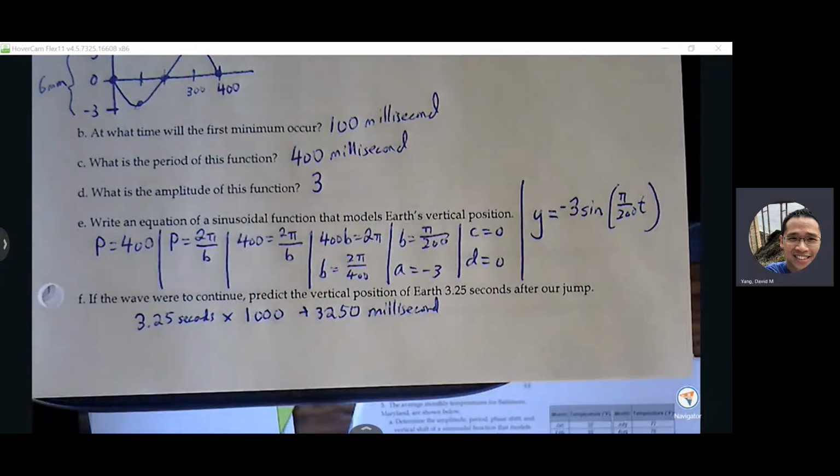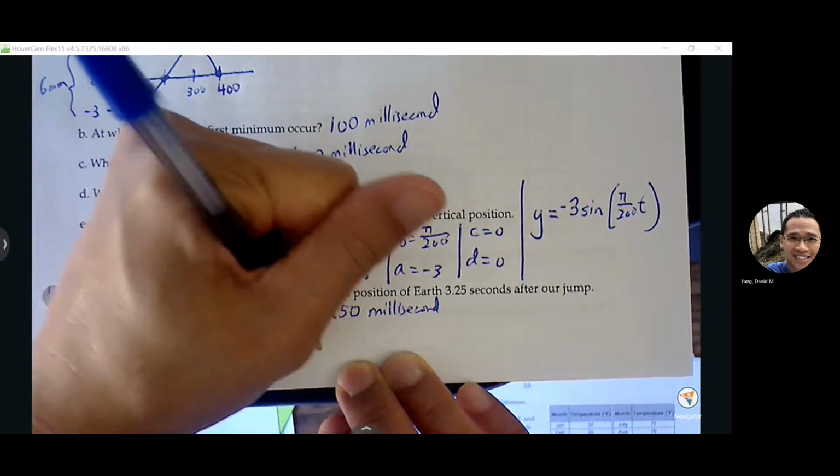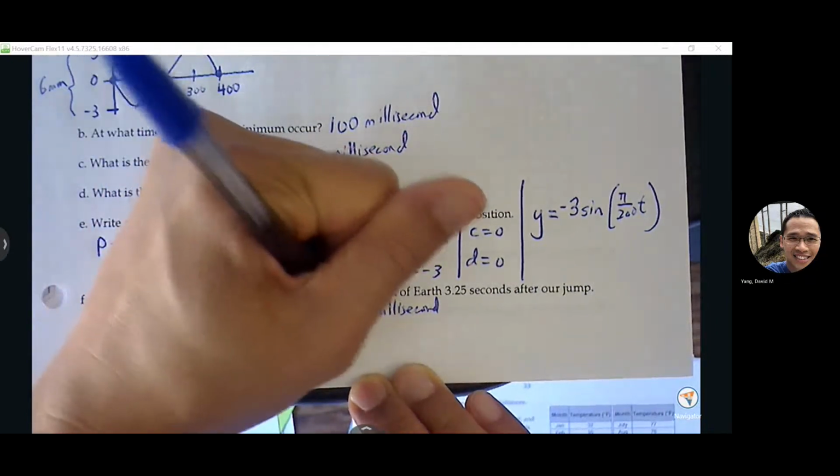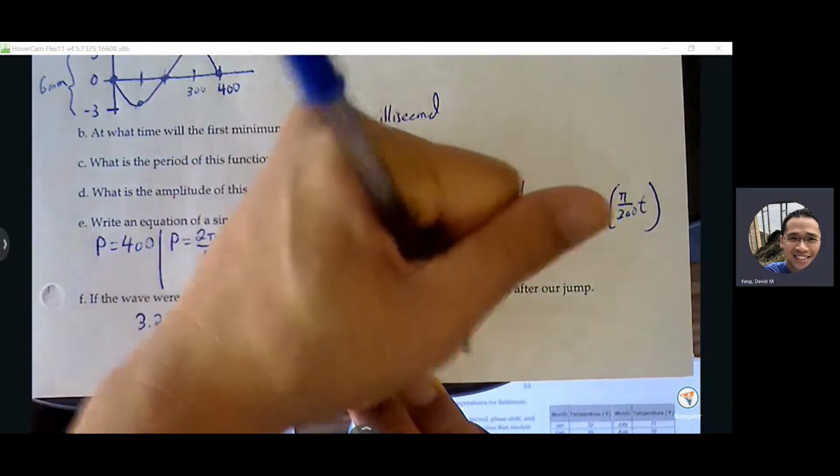So plug 3250 in for t. Make sure you're in radian mode.